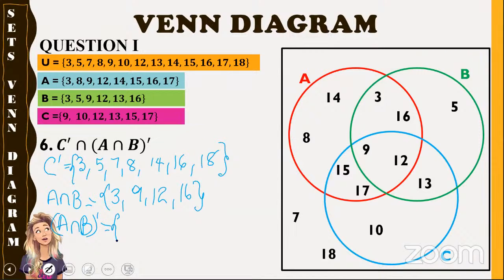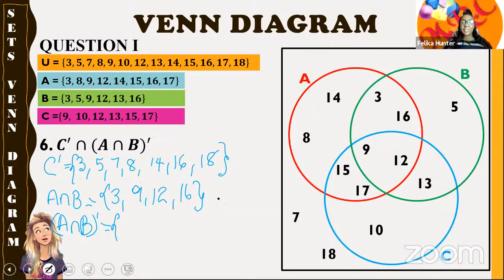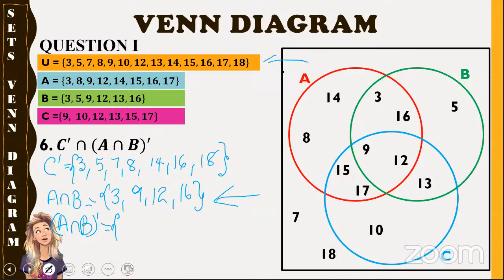The complement of A intersect B is what is not inside of this set. What is in the main set, what is in the big set.